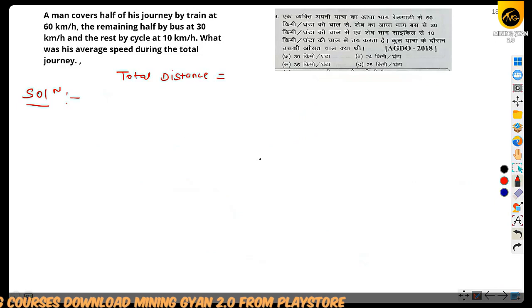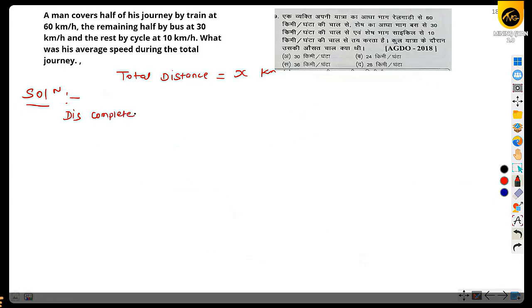Suppose the total distance is x kilometers. Now, the distance covered by train will be x divided by 2, because the question says a man covers half of his journey by train at 60 km per hour.